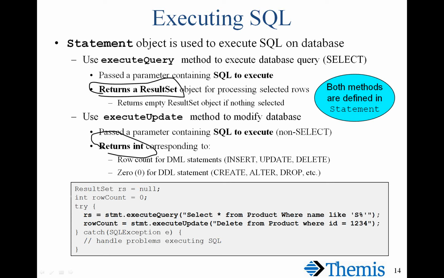So here are the examples. RS is the variable that we've defined to support result sets, and when we call executeQuery, it returns that result set, where when we call executeUpdate, it returns that row count, which is simply an int value. So in this example, select was used to execute a query, rows with a name that start with S, and executeUpdate was used to execute a delete based on the ID.